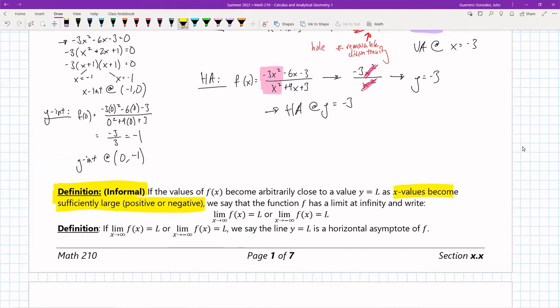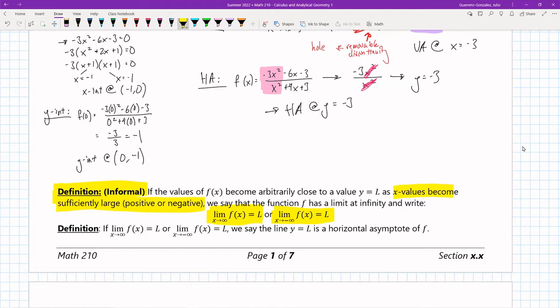And whenever that happens, we write this right here. Either that or that. So this is telling us that the limit as x approaches infinity of f of x is approaching a value L, okay? Or the other one, the limit as x approaches negative infinity of f of x is approaching a value L.